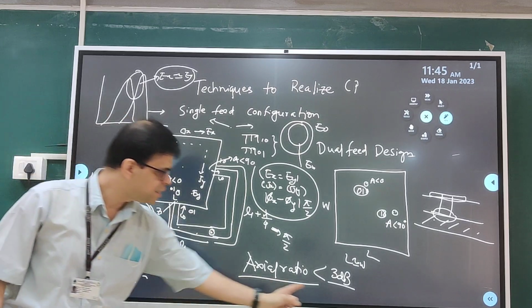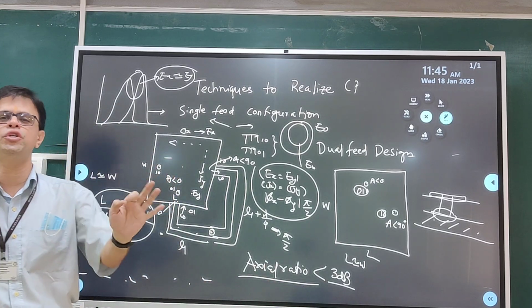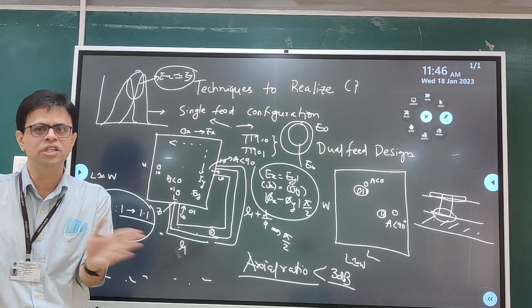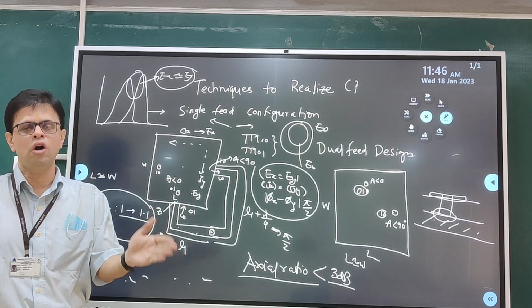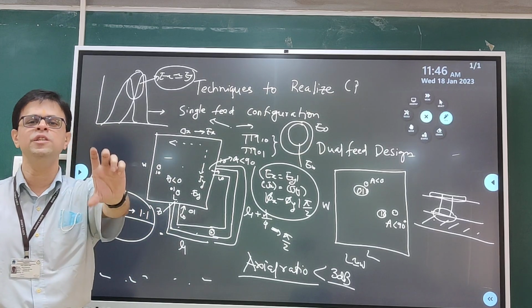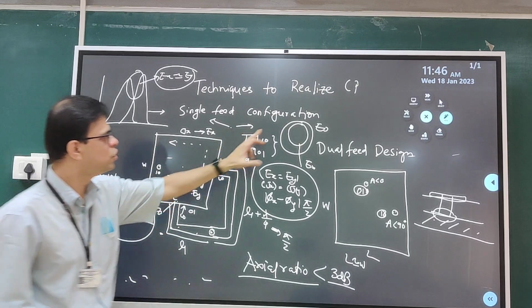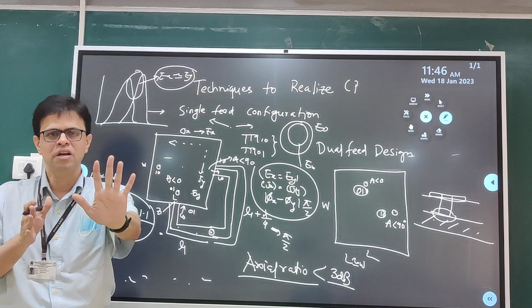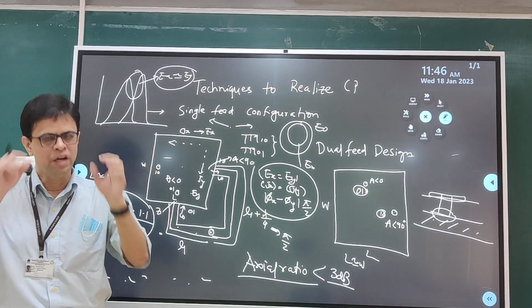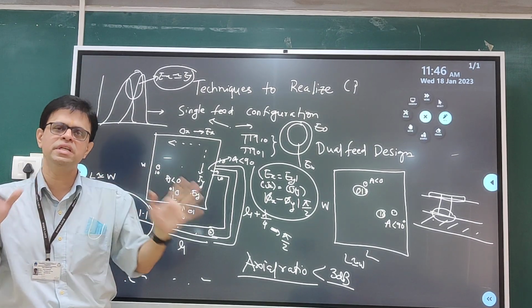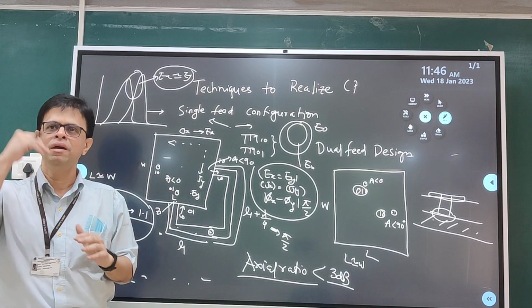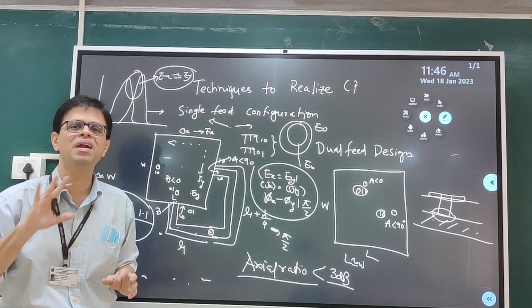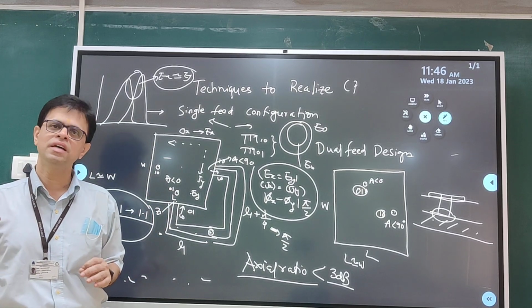Hence, we define a term called axial ratio. Away from these conditions, although the conditions are not met, within a certain range the axial ratio is maintained so that co and cross polarization levels are nearly equal and the circular polarized condition is obtained. It is basically a 3 dB difference, which means an elliptical polarization, but we assume that it is within our limit for a circular polarized radiation.